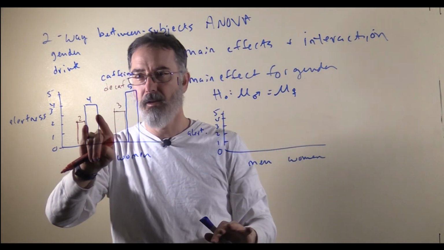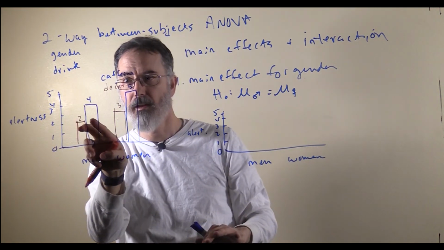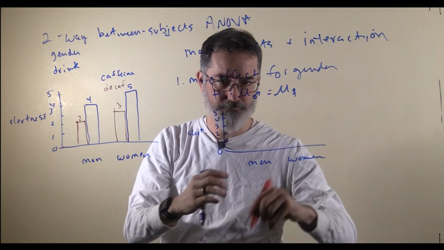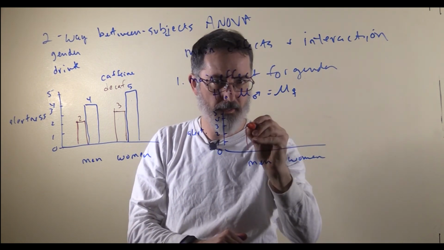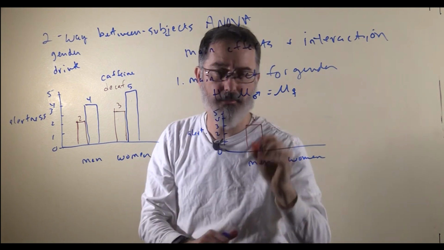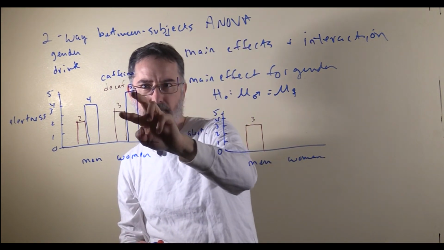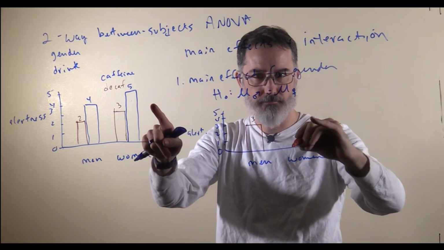So that means that averaging across caffeinated and decaffeinated, the average of 2 and 4 is going to be 3. So for men, if you ignore the caffeinated condition, the mean was 3. And for women, if we're ignoring the beverage condition, their overall mean is going to be 4.